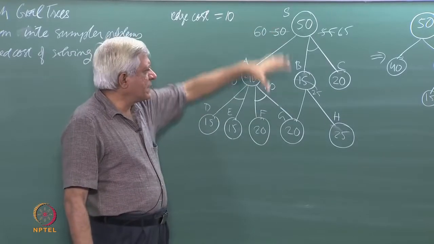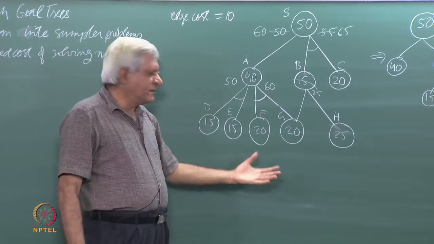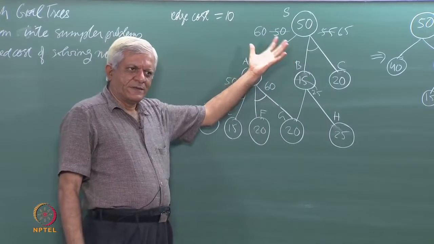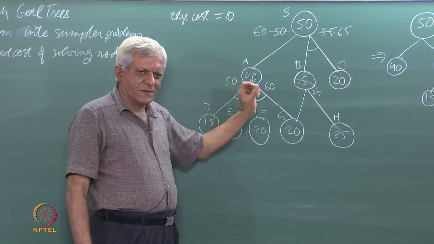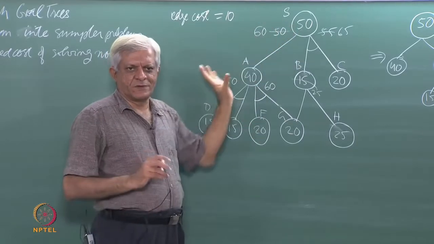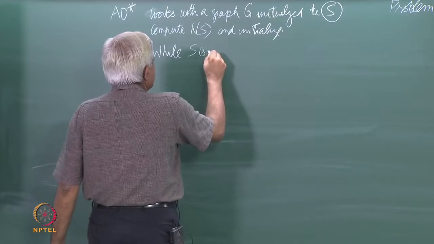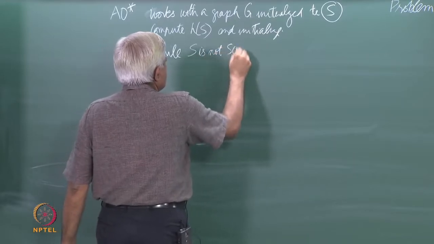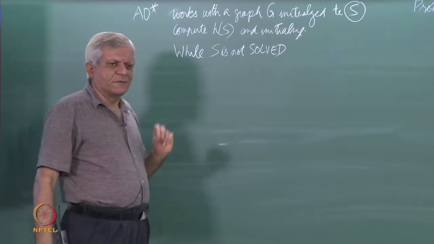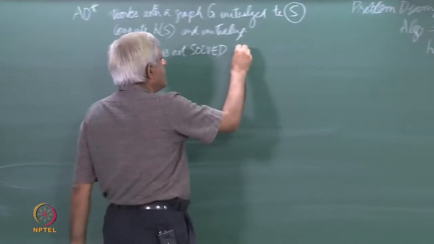So, this is a problem decomposition process and there is going to be a secondary process in which some labels will travel upwards and one of the labels will be the solved label, and once the solved label reaches a root node we can say we have solved the root node essentially. So, while S is not solved, means it does not have a label solved.